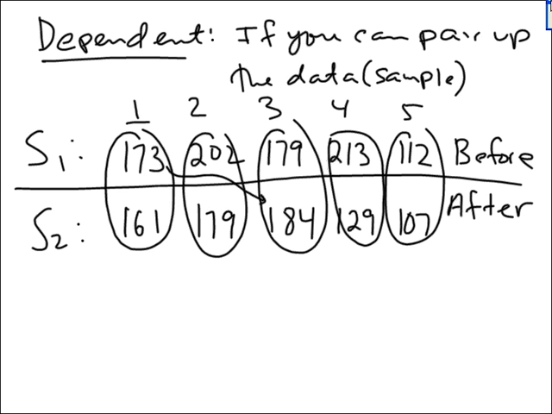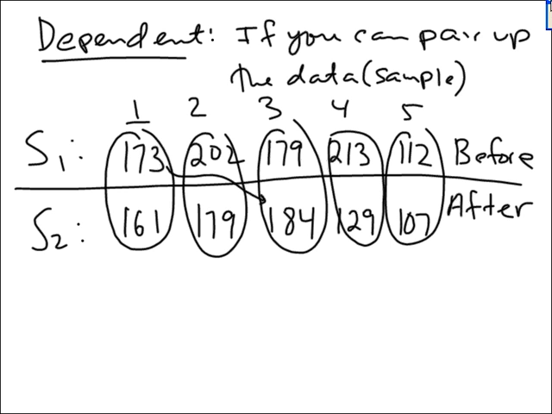You have to think, can you pair them up in a logical way? In a way that, yeah, I understand this. Person number 1 went from 173 pounds to 161 pounds. I understand that. The diet worked for this person. Person number 2 went from 202 pounds to 179 pounds.